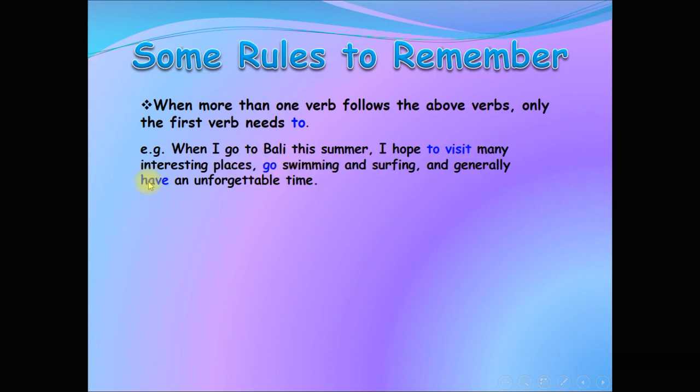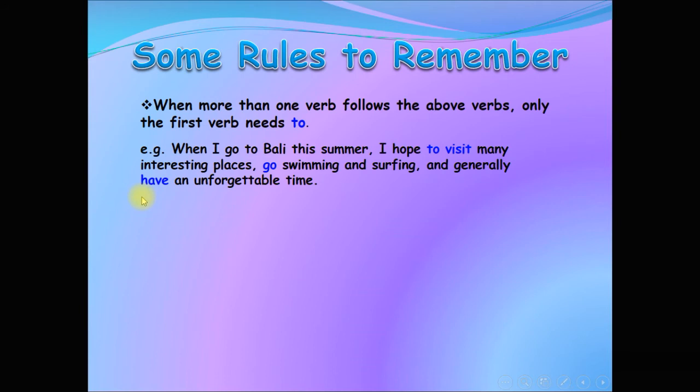Actually, here we should put "to go" and "to have" because these are parallel with "to visit". So it should be: I hope to visit many interesting places, to go swimming and surfing, and generally to have an unforgettable time. But we can make it into only one to-infinitive followed by other bare infinitives.